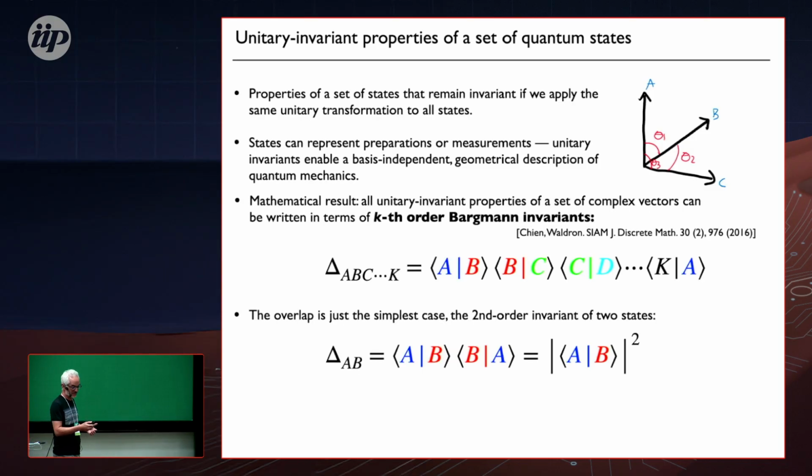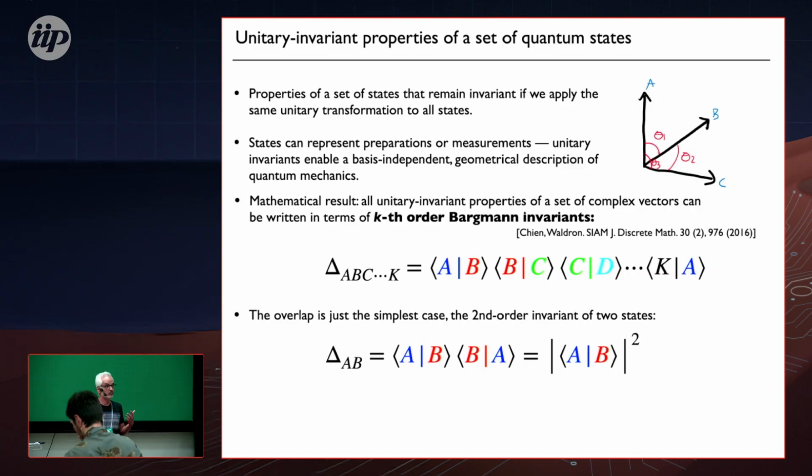And it's a mathematical fact that they can all be described by this kind of invariant, which has a very simple form. For pure states, they're called Bargmann invariants, kth order if you have k states here. And they are just the inner product of state A with B times the inner product of B with C times C with D, and then the last one with the first one here. It's a cyclic thing, okay?